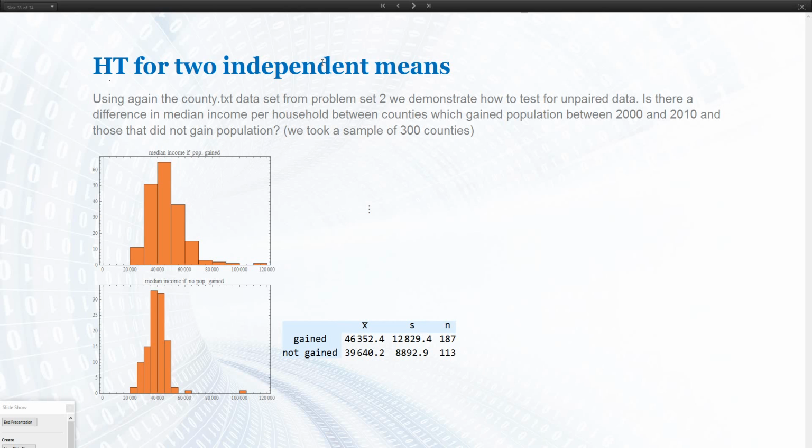So we were splitting that. It was a not equal number of counties, and then we were doing separate statistics. That's the population gained, median income histogram, and that's the no population gained. And these were the numbers in a sample of 300 counties.